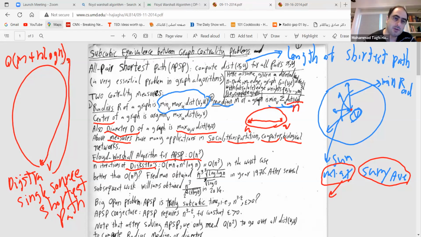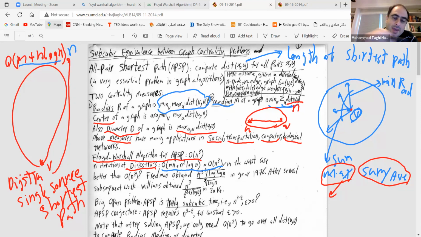Exactly. So you can iterate over all vertices and run the Dijkstra algorithm, and the running time would be n times that, which would be mn plus n squared log n. This is the running time essentially.